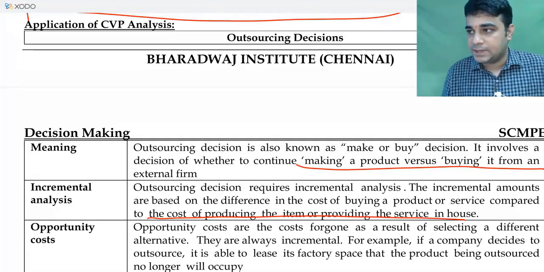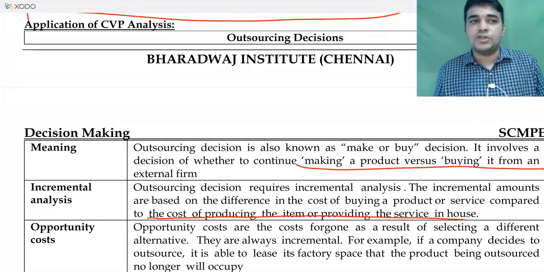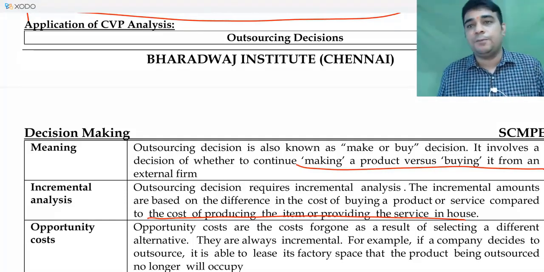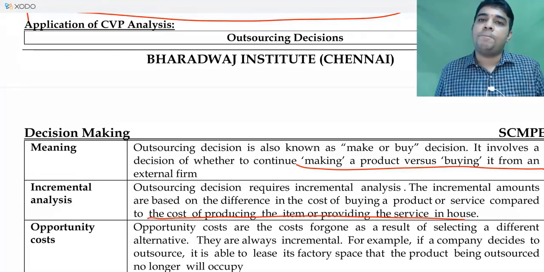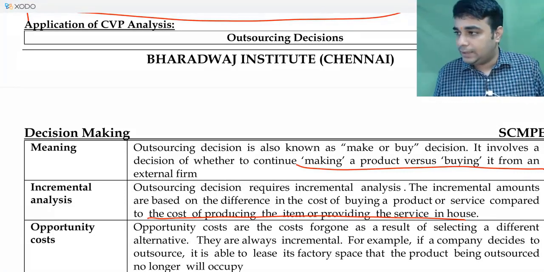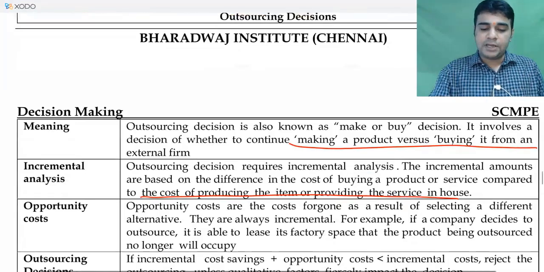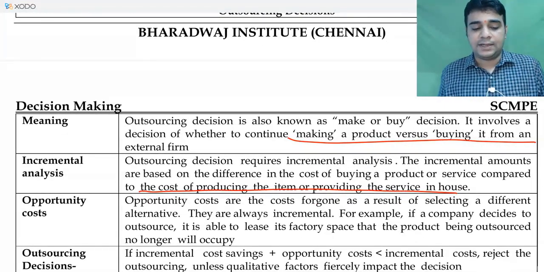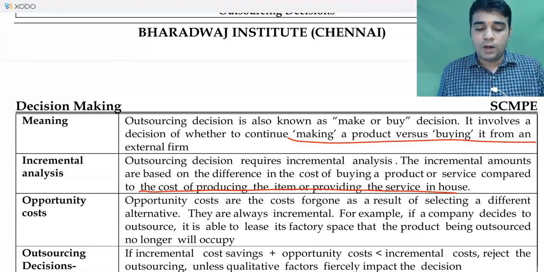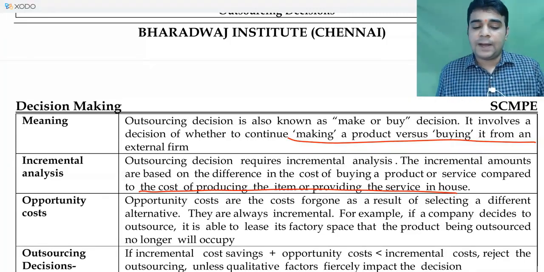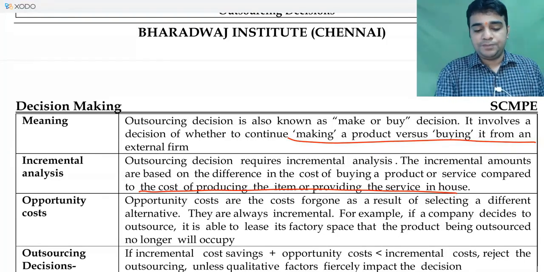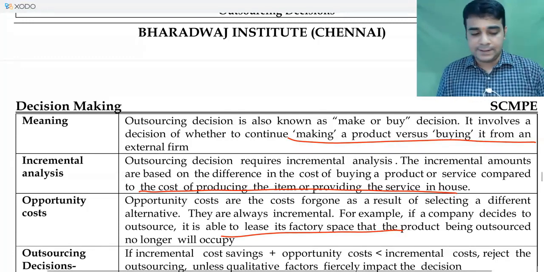So this is an opportunity gain if you buy the product, or this is an opportunity cost if you continue making the product. Opportunity costs are the costs foregone as a result of selecting a different alternative. They are always incremental. If a company decides to outsource, it will be able to lease its factory space.